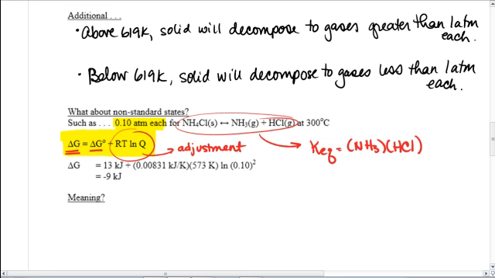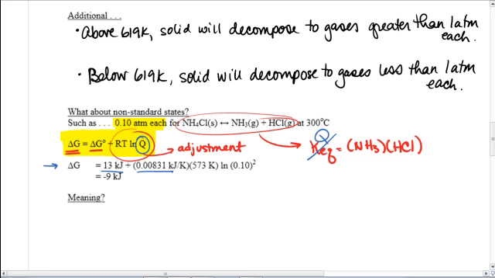When we talk about Q here, that is whatever conditions we're at, plugging it into the K expression. So finding delta G when we're at 10th atmosphere instead of 1 atmosphere, we have our 13 kilojoules. That was our delta G naught from the first page. Here's our R. Notice it's not the liters atmospheres version. That's not going to make much sense.